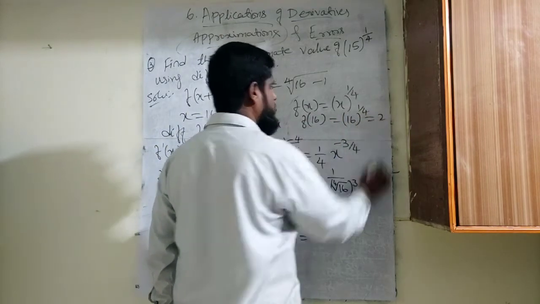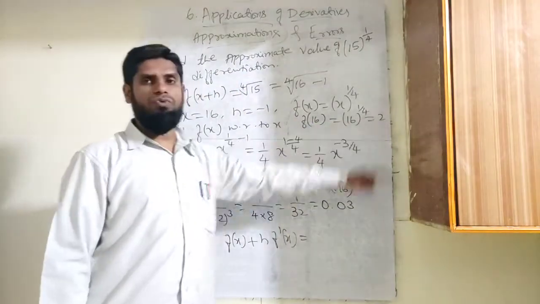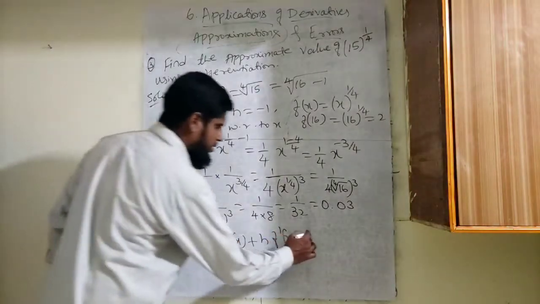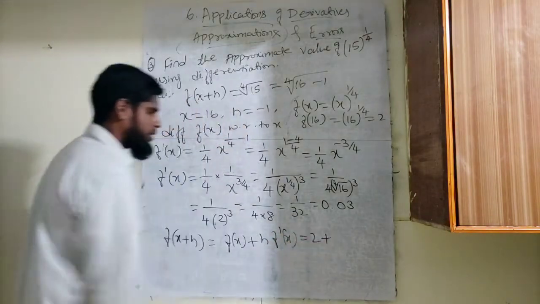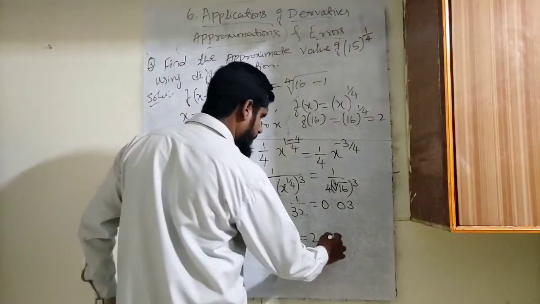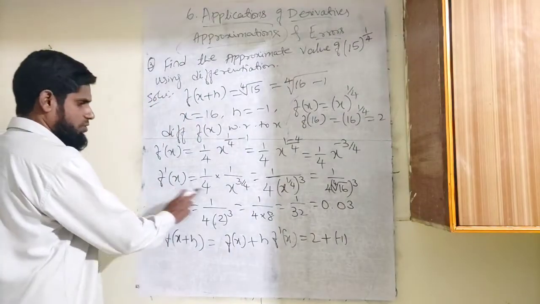So the answer is 2. So the function value at 16 is 2, the 4th root of 16 is 2. So I will write here it is 2 plus h. What is h? h is minus 1, into f dash of x at x is equal to 16.